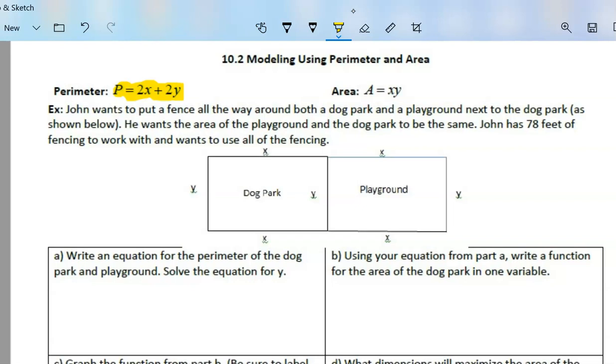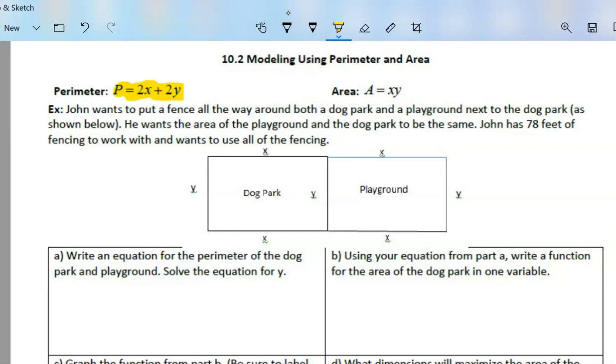But in this case, the length of the fencing is also going to require the length of y in between the dog park and the playground.